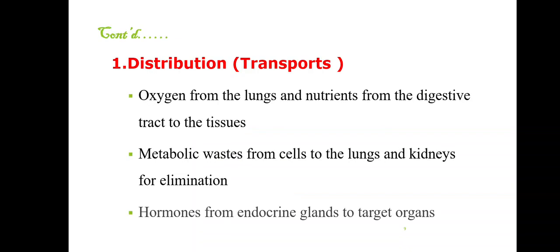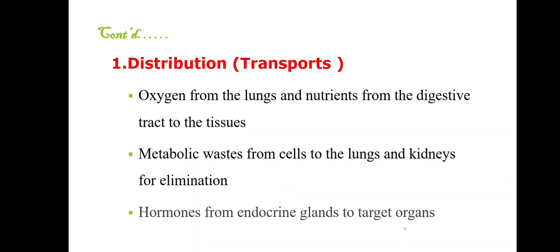On the distribution, what does blood do? It transports oxygen from the lungs and nutrients from the digestive tract to the tissues. Okay? And then apart from that, it also distributes metabolic waste from cells to the lungs and kidneys for elimination.